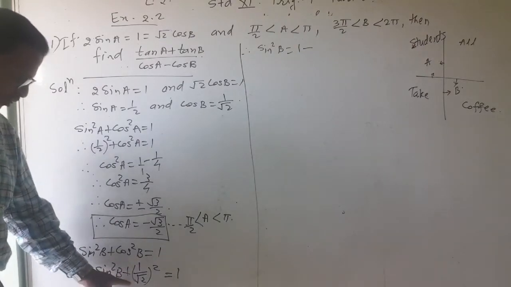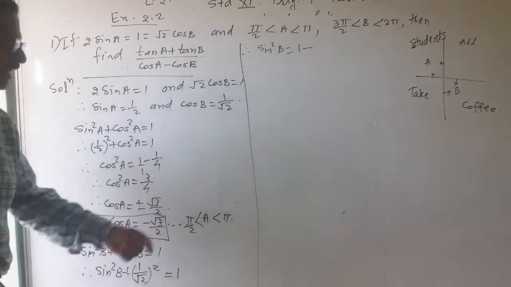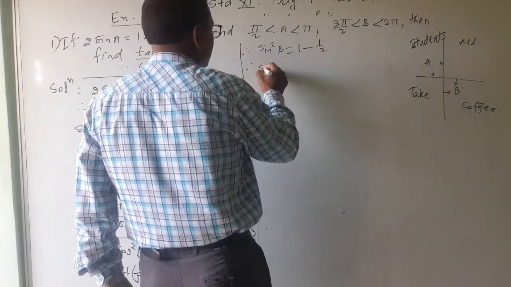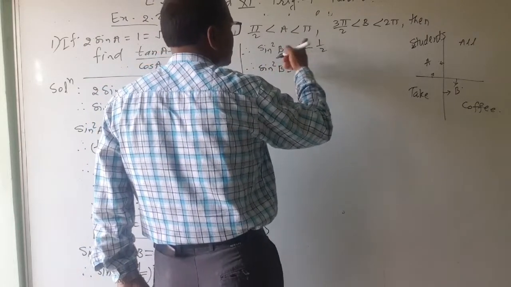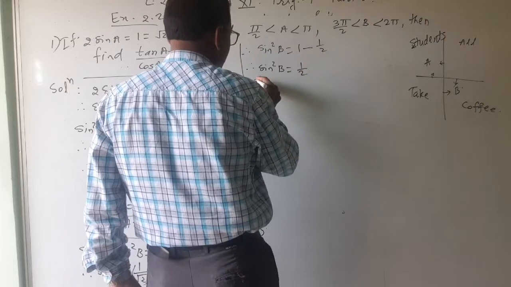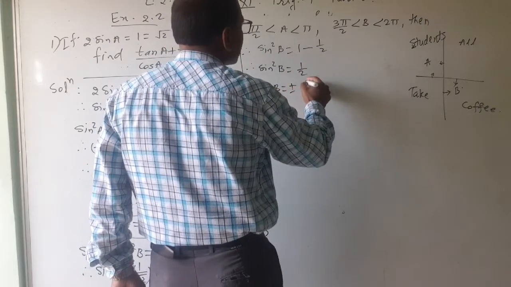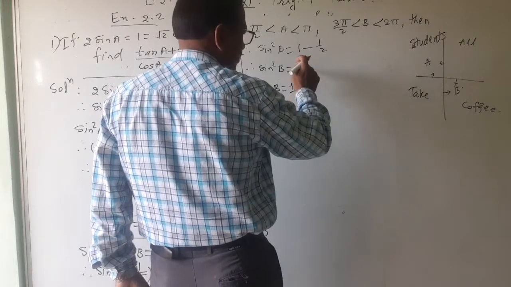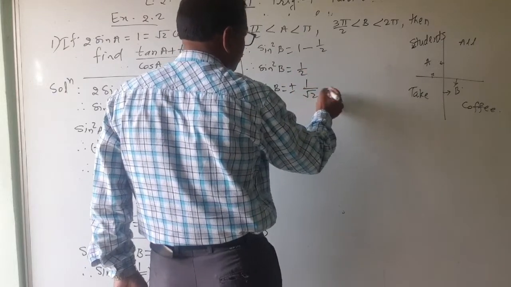Square of 1 is 1, root 2 square is 2, so sin square B is equal to 1 minus 1 upon 2, that is 1 upon 2. Therefore, sin B is equal to plus or minus under root 1 by 2, which is 1 upon root 2.